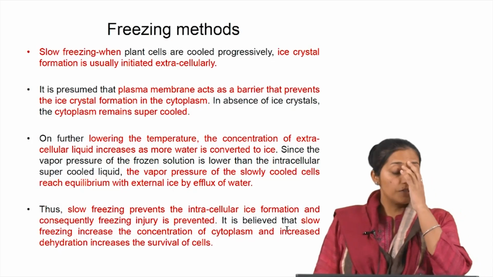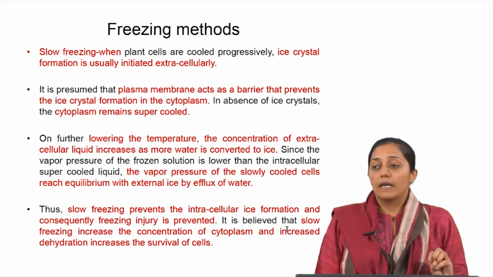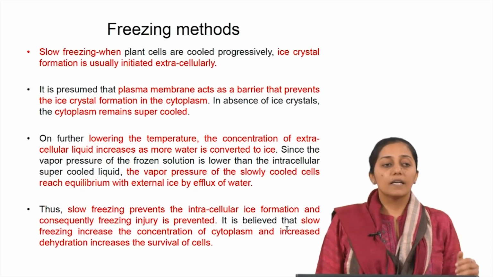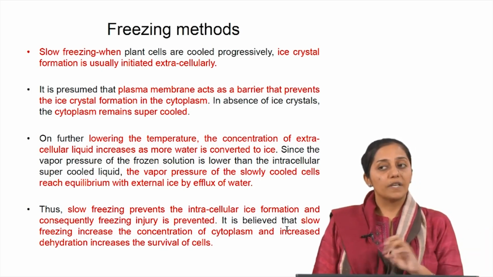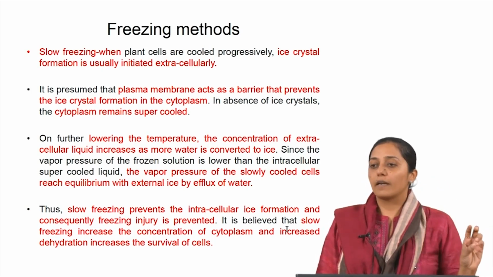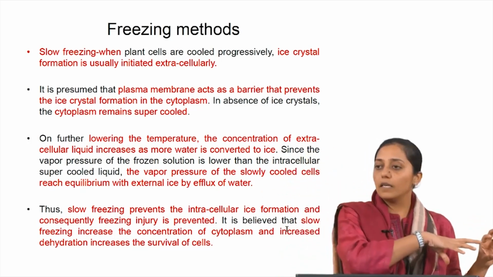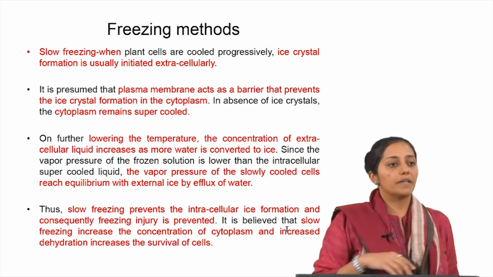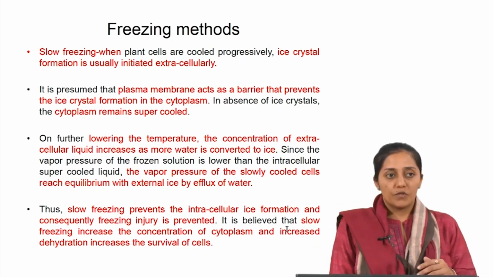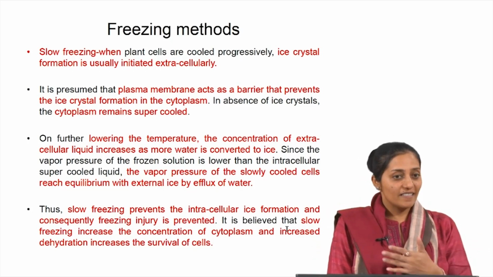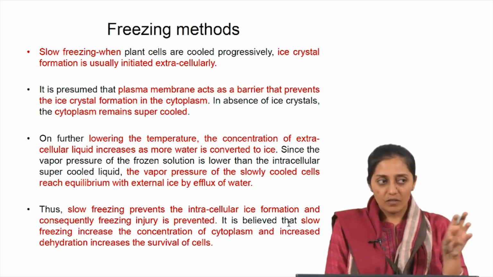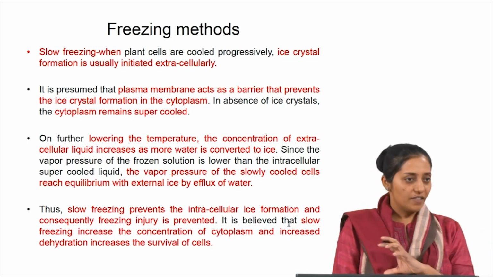So, what is the general protocol for freezing? When you are freezing, it is recommended to do slow freezing, not sudden. It is not recommended to bring the biological material, dip it in your cryoprotectant and suddenly put it in minus 176. So, what is the adaptation when you are doing a slow freezing versus very fast freezing?